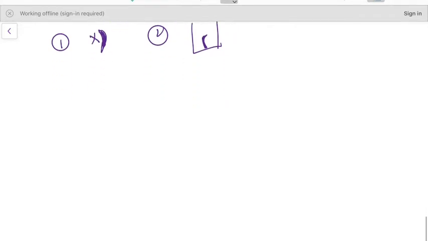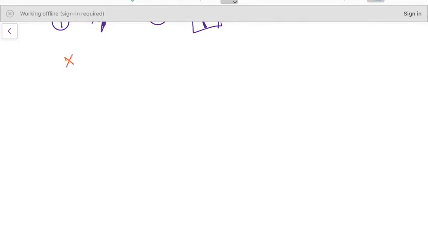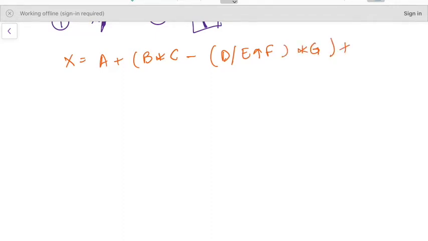Let's consider the same example that we discussed in the other video. So x was a plus b multiply c minus t divided by e exponent f multiplied by g and multiplied by h.